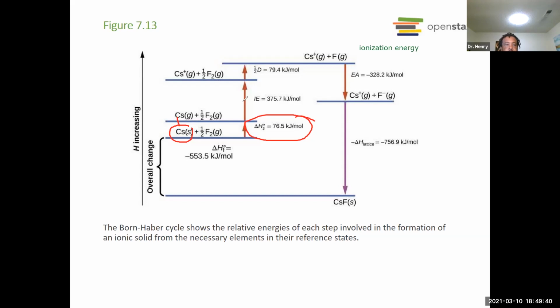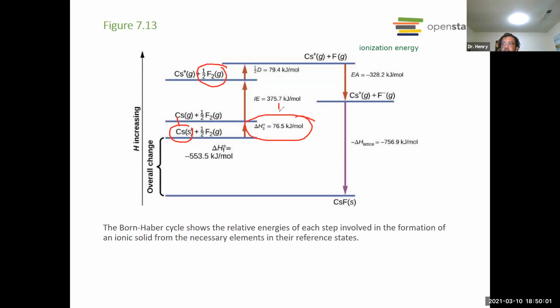I'll actually print out the periodic table's ionization energy so you can use it. The table that we used earlier has the dissociation energy for fluorine, because that's the next step. We dissociate fluorine so we have a single fluorine that's able to react.